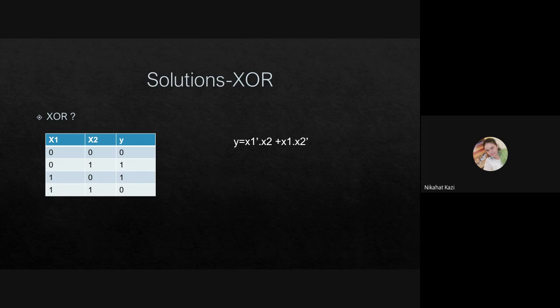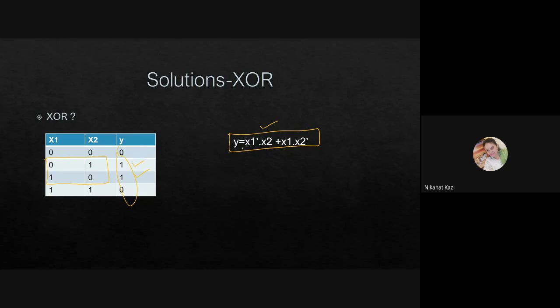How do you compute it? How do you get this equation? Everyone knows this, right? You look at the output column, and you see which rows have output 1, and whatever values are there for that row, you write in terms of sum of products.